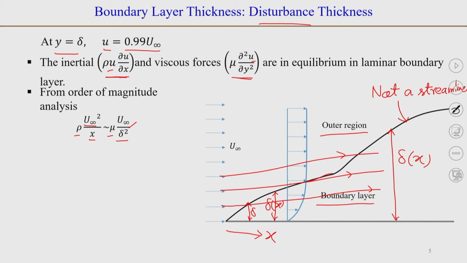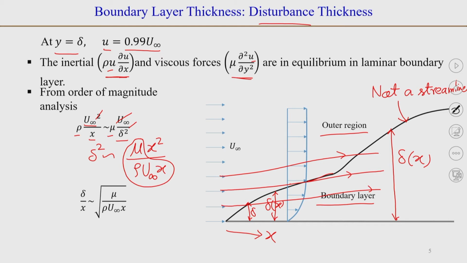Now, we can simplify this. So, we will get delta squared is equal to mu x by rho u infinity, and we can multiply and divide by x. So, this becomes Re_x raised to the power minus 1.